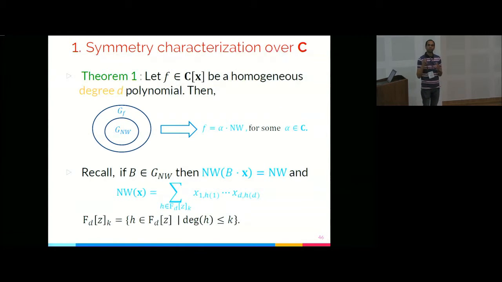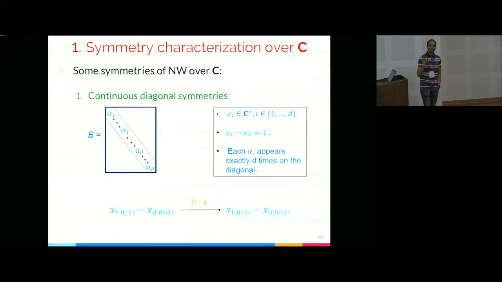Now, before giving the proof of this theorem, I'll show that there exist some non-trivial symmetries. By non-trivial symmetries, I mean invertible matrices other than the identity. There exist non-trivial symmetries for design polynomials, and these symmetries help us in proving this theorem over C. So here is the symmetry of the first kind. These are called continuous diagonal symmetries.